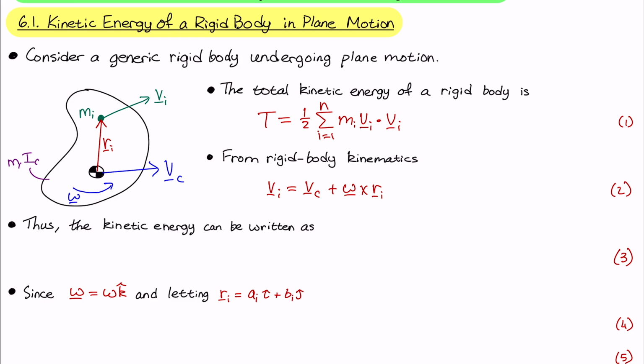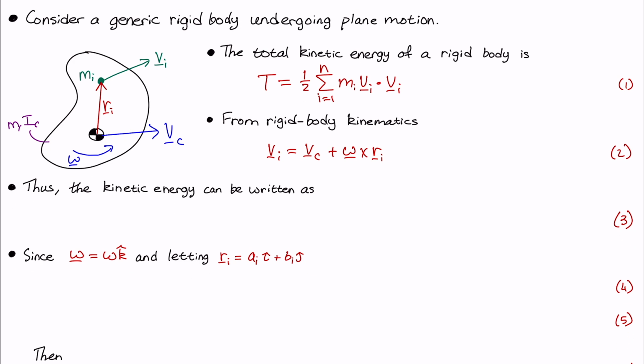We can substitute this into our kinetic energy in equation 1, and then we're going to get here 1/2 m VC dotted with itself. So that's our translational kinetic energy of the center of mass.